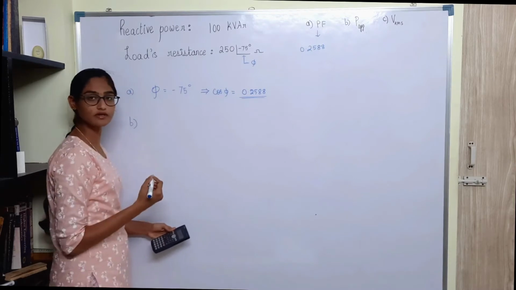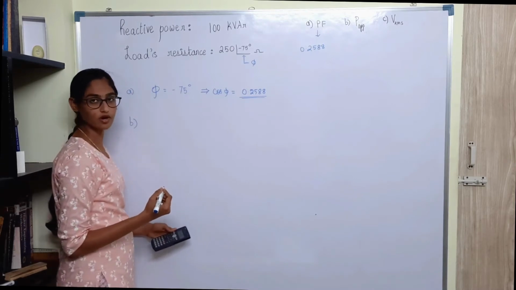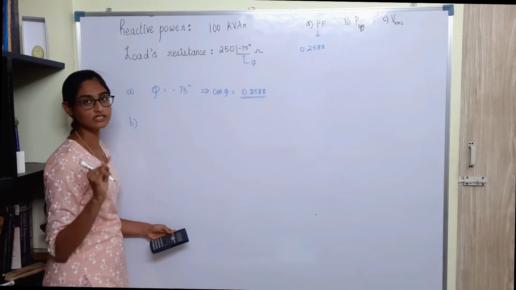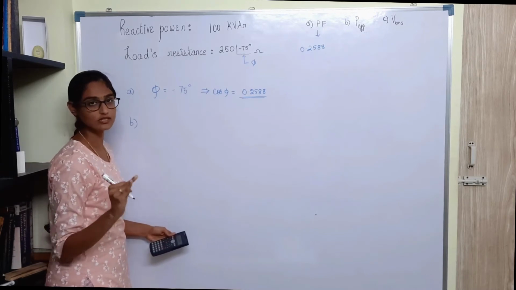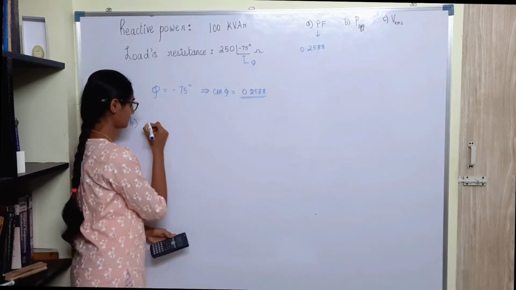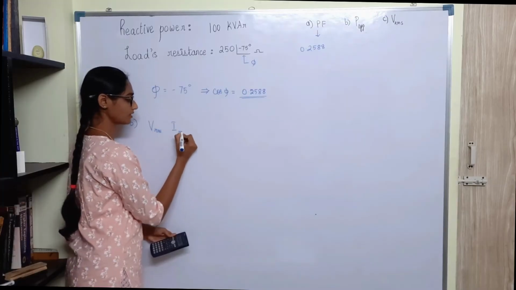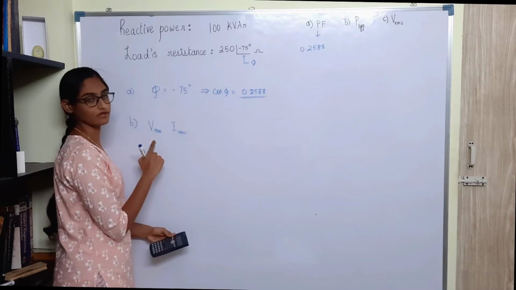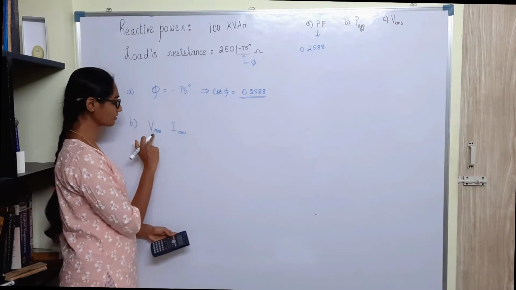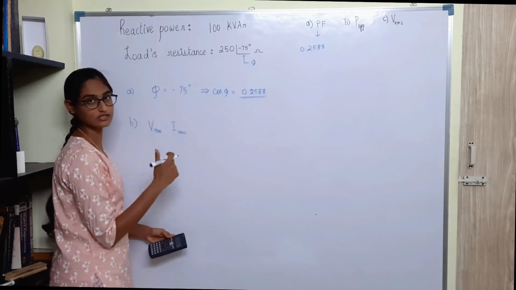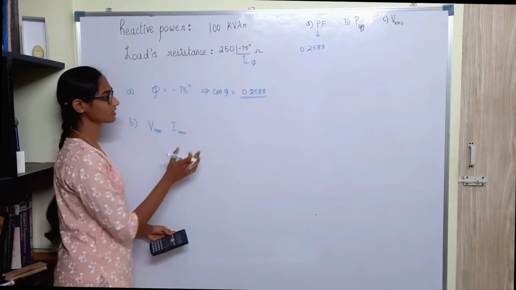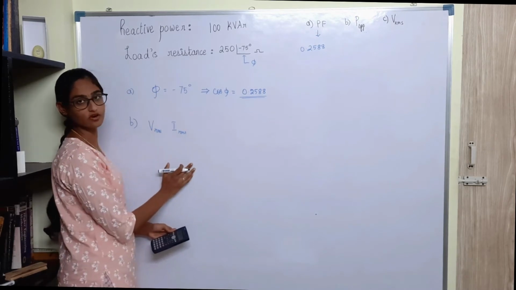What is apparent power? Apparent power is the product of the RMS value of voltage and the current without considering the power factor. Vrms times Irms will be the apparent power. We need to find this. We don't know the values of the voltage and the current supplied to the load, so we can work from the data that we already have.